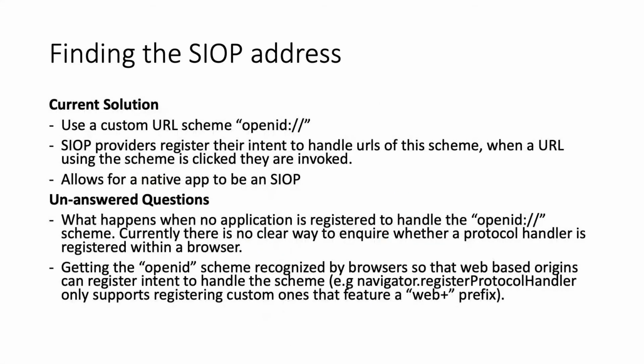The current solution hinted about in the OpenID Connect Core chapter 7 is that a custom URL scheme will be used, and SIOP providers will essentially register their intent to handle URLs of the scheme, and when a request is fired along this URL, that elected SIOP provider is invoked. And importantly, as opposed to some other approaches around how this sort of behavior can occur, this allows for things like native apps to be a self-issued OpenID provider.